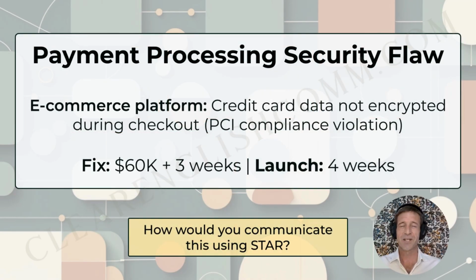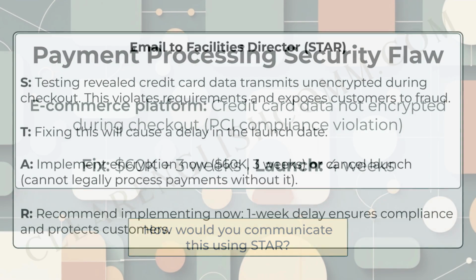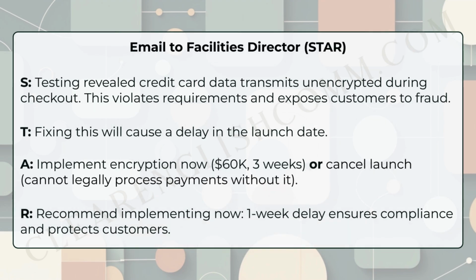Look at this situation and think about how you'll structure an email to the facilities director using the STAR method, and present it to the board of directors in an inverted pyramid style presentation that incorporates the STAR method. This email starts by explaining the context and acknowledges that the director's primary concern is the timeline.